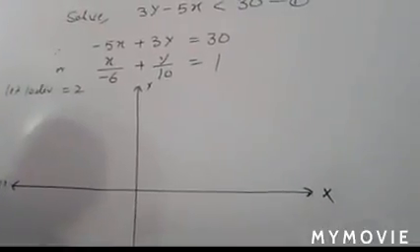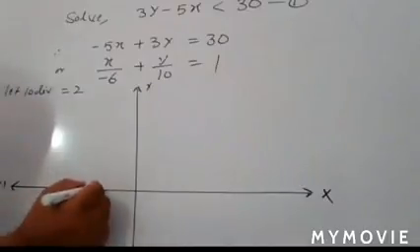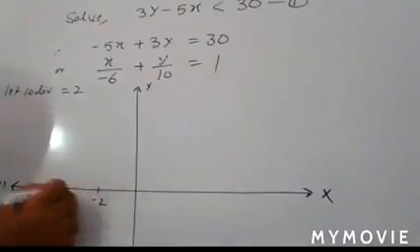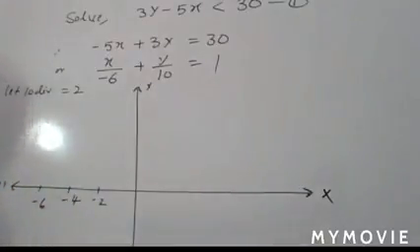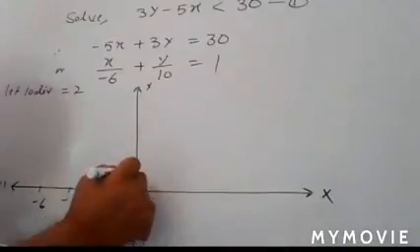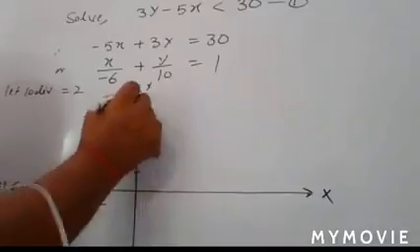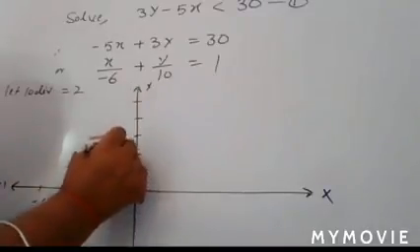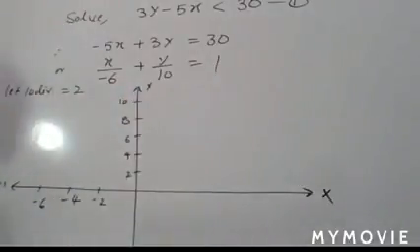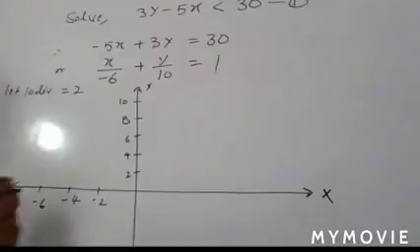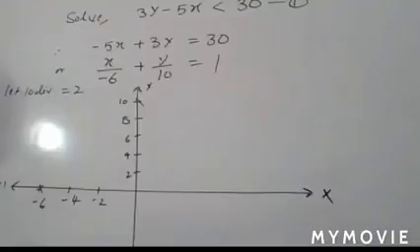You draw here in the negative direction minus 2, minus 4, minus 6, and on the positive side 2, 4, 6, 8, 10. So in this way, you plot it on the y-axis, and here you mark minus 6, and here you mark 10.